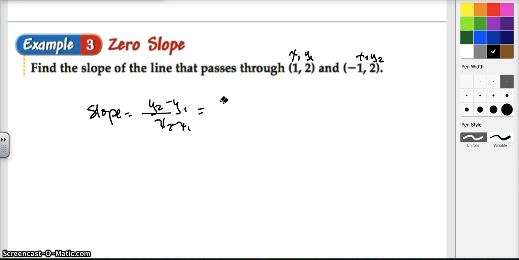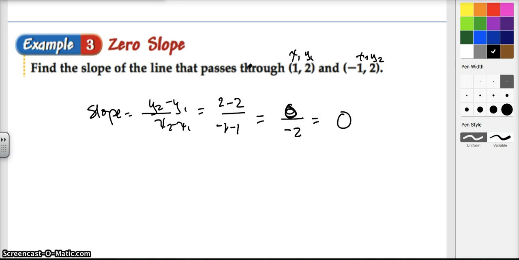And so we have 2 minus 2 over negative 1 minus 1. And so 2 minus 2 is 0 in our numerator, and negative 1 minus 1 is a negative 2. So in essence, 0 divided by anything is 0, we get 0. So a 0 slope is going to happen.